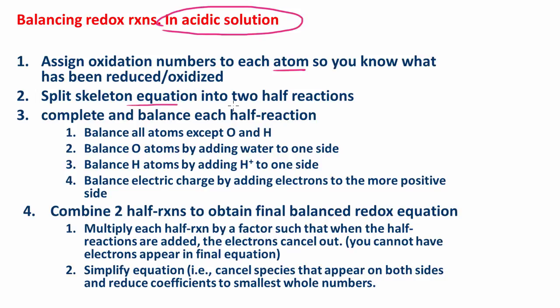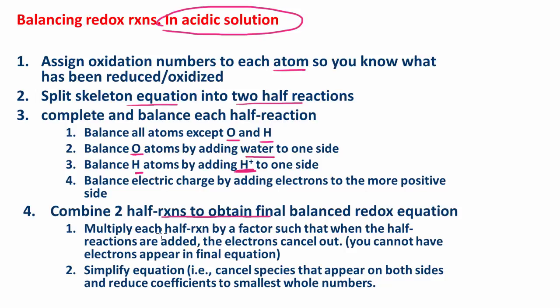We split the skeleton equation into two half reactions. We balance all the atoms except for oxygen and hydrogen. We balance the oxygen atoms by adding water to one side, balance the hydrogen atoms by adding hydrogen ion to one side. We balance the electric charge by adding electrons to the more positive side. And then we combine the two half reactions to obtain the final balanced redox equation.